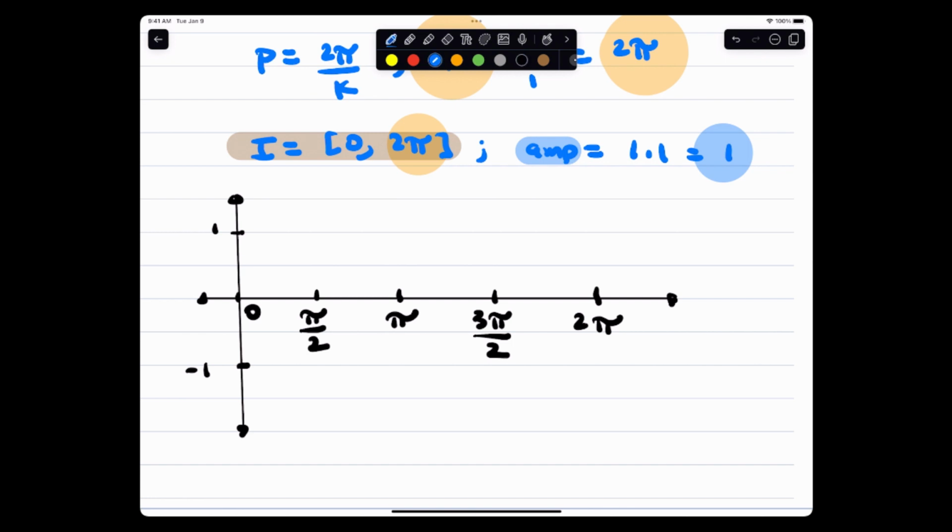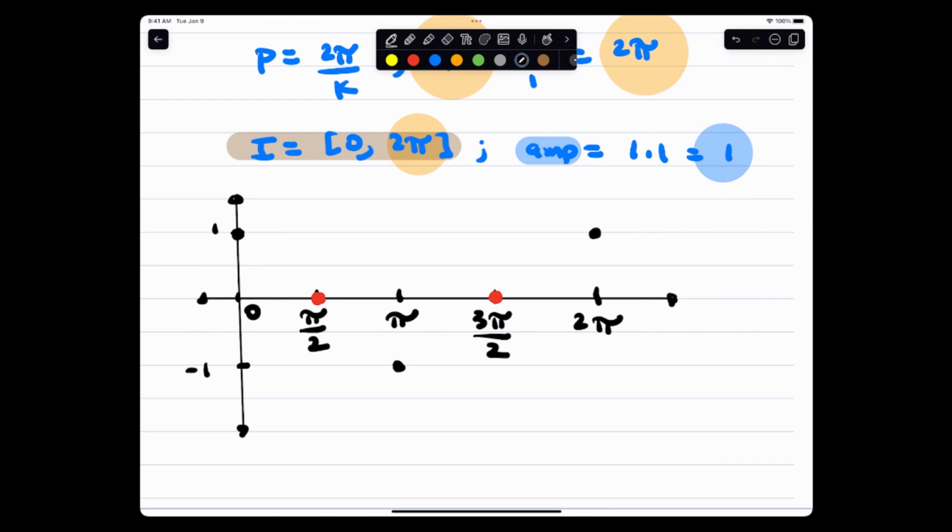Where does cosine start? Do you guys remember? Cosine starts at 1, where the maximum value is. It then goes down to the what? The x-intercept, and then it goes to the minimum value, and then it comes back to the x-intercept, and it's back at the maximum value.